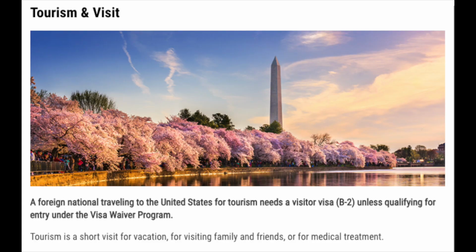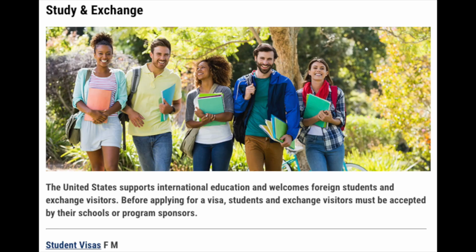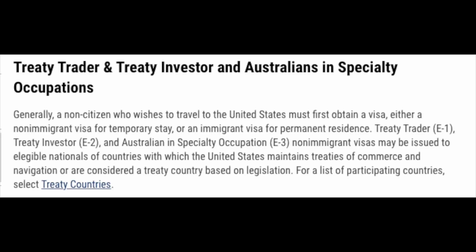Those include the most common B1, B2, the business or tourist visas, or F1 student visa, like what I had back when I studied in grad school, or investor visas, such as the most common ones, the E2 investor visa or L1 intercompany transfer visa.